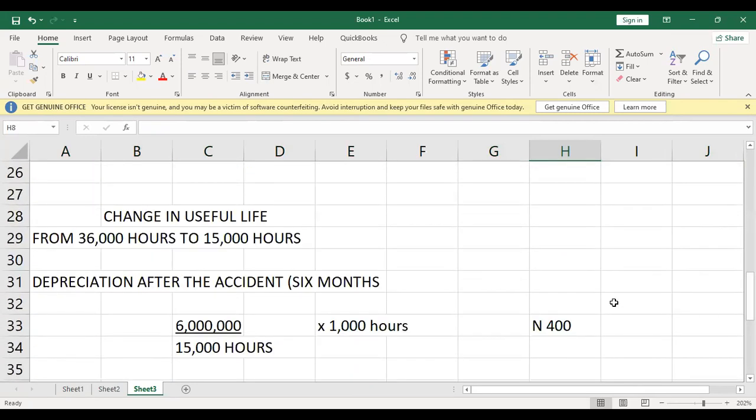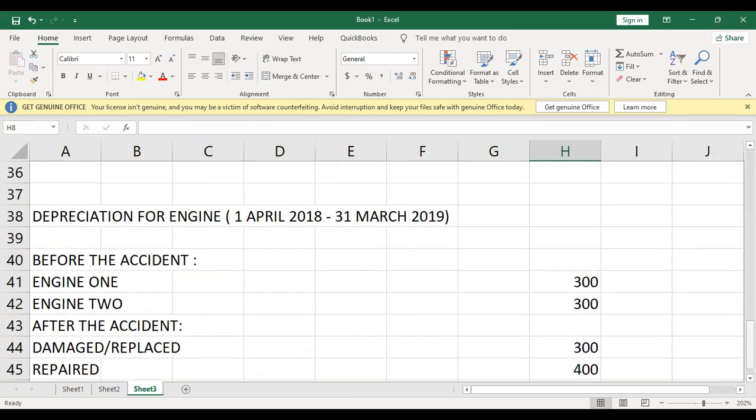So what I'm saying, we calculated the accumulated depreciation before 2015, and we got 2,700, which is supposed to be for 1 engine. 1 engine was bought.